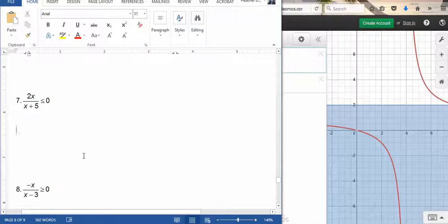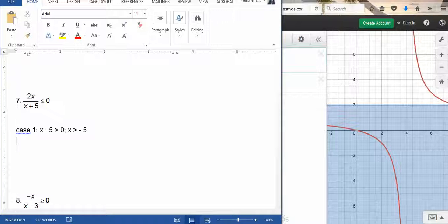Okay, so again, case 1 is going to be x plus 5 is greater than 0, so it's positive. I'll do this one algebraically first, and then we'll look at the graph. If that's true, that means that x is greater than negative 5, so we keep that in mind.